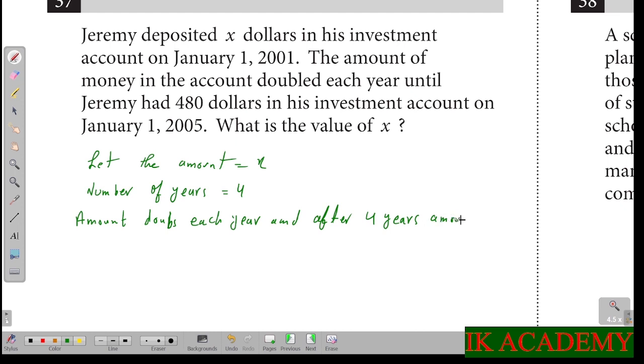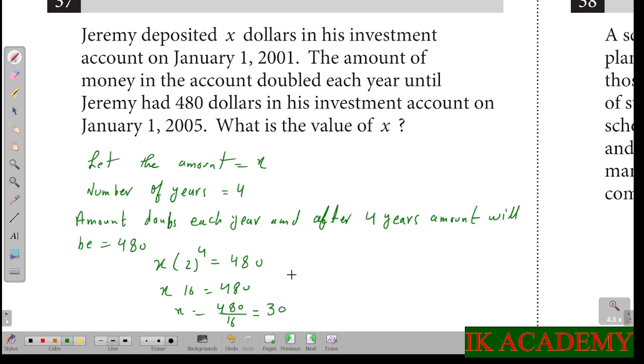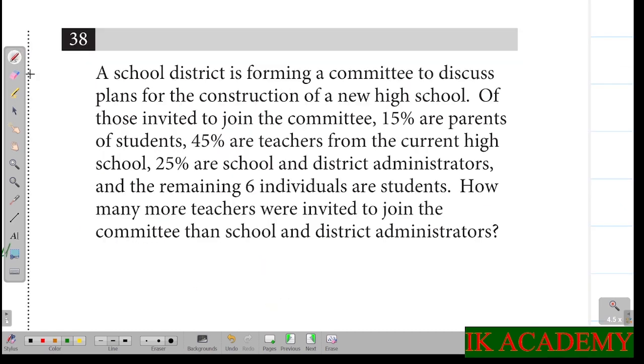We can present it as an equation: X amount will be doubled for 4 years and it will be equal to 480. So X times 2 to the power 4, which is 16, is equal to 480. X is equal to 480 divided by 16, which is 30. So the actual amount will be 30.